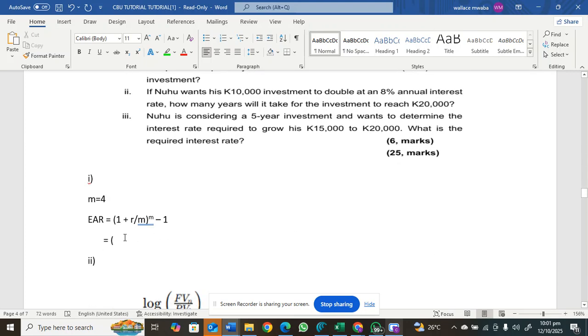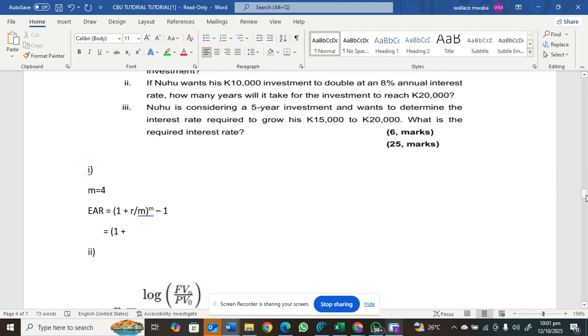All right. So we're going to say 1 plus r. Our rate is 8%. Convert it into a decimal: 0.08 divided by 4, raised to the power 4, minus 1.